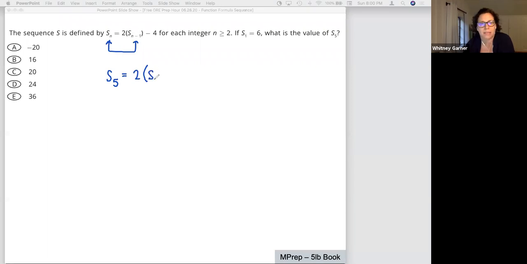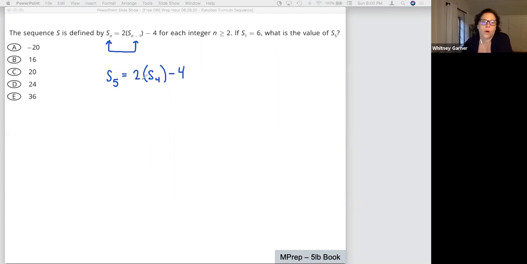This would be s sub 4 minus 4. What they're saying is that the value of the fifth term is based on the value of the fourth term. And the value of the fourth term will be based on the value of the third term. And the third term will be based on the second term. The second term will be based on the first term.